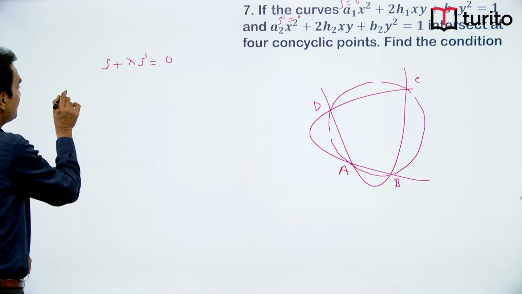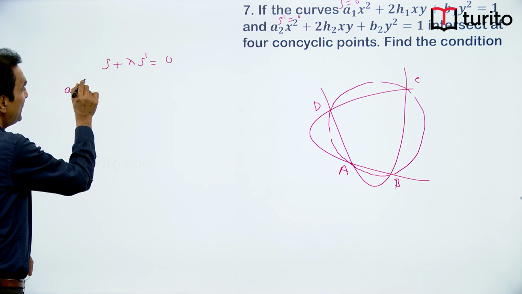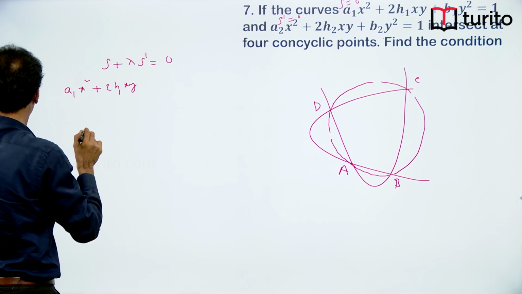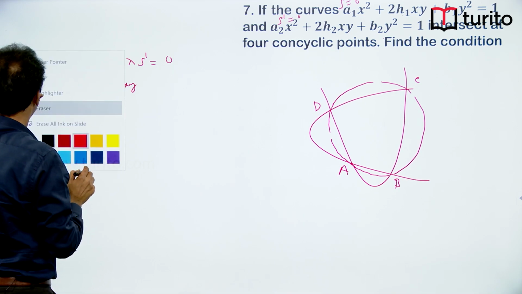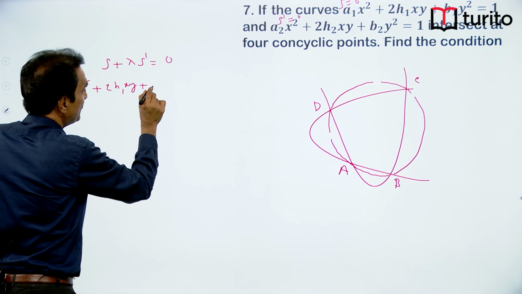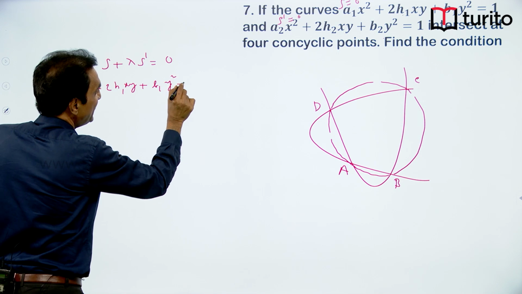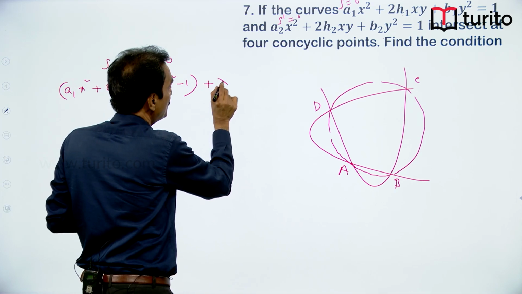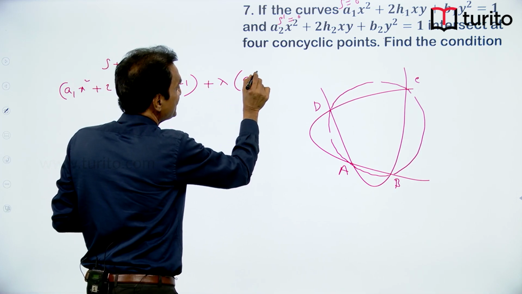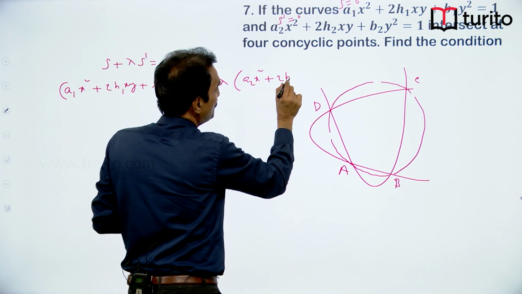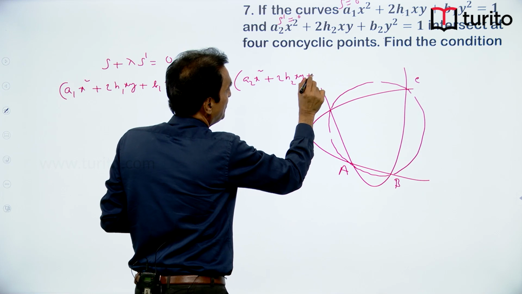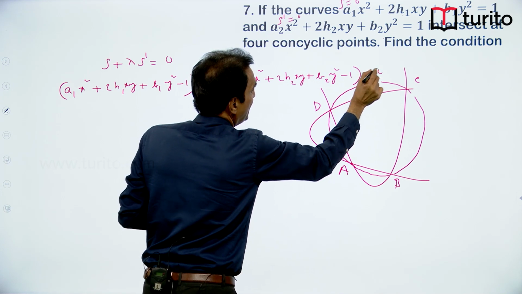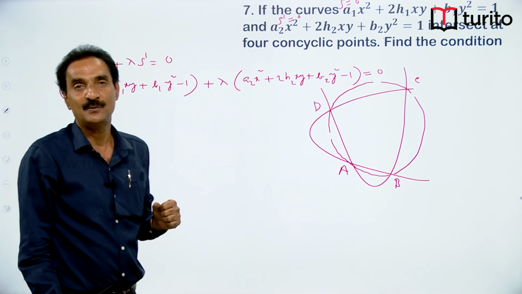So let us write this: a1 x square plus 2h1 xy plus b1 y square minus 1, plus lambda into a2 x square plus 2h2 xy plus b2 y square minus 1 is equal to 0. S plus lambda S dash is equal to 0.